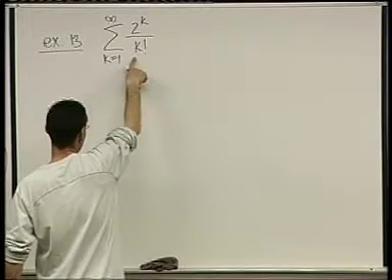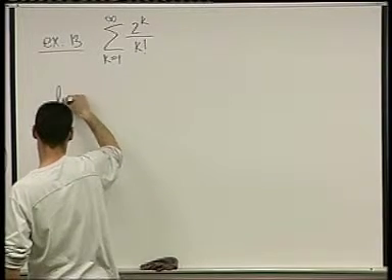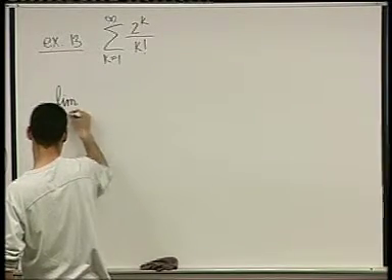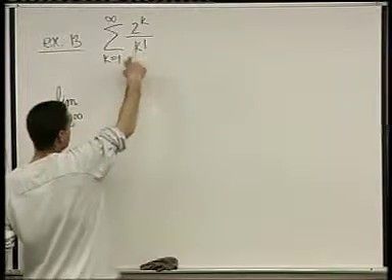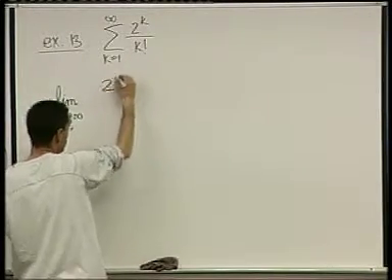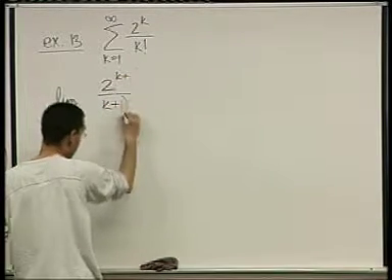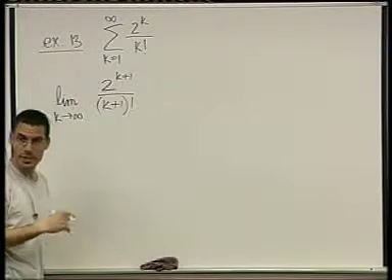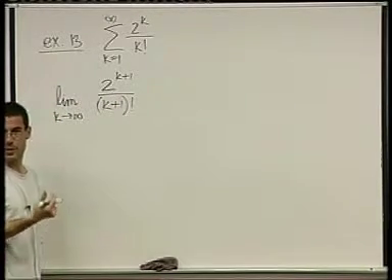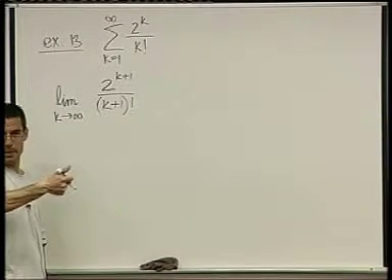First, I note that this is a positive series, so I can use it. And now I'm going to take the limit as k goes to infinity of the k plus first element, which is 2 to the power k plus 1, divided by k plus 1 factorial, over the kth element.